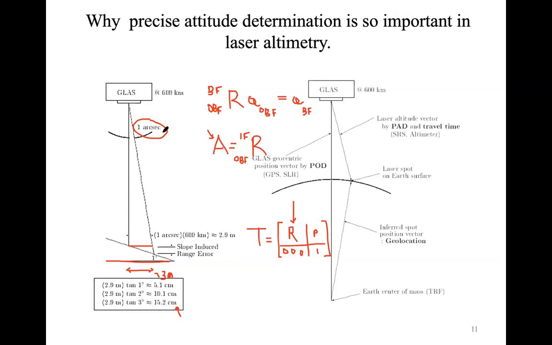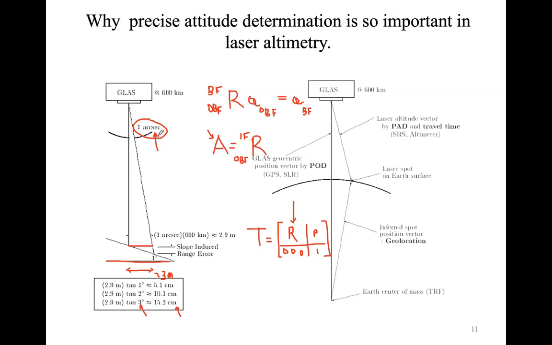Since we know that we have slopes, so inclination of the terrain, larger than 3 degrees, we need to have sensors and actuators that provide accuracies lower than 1 arcsecond.